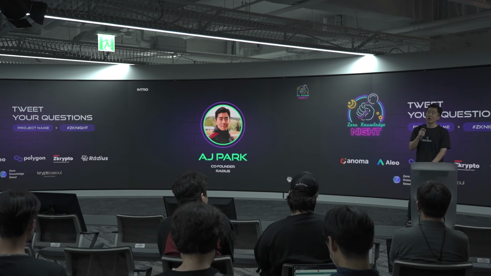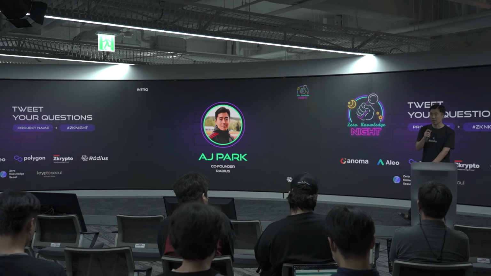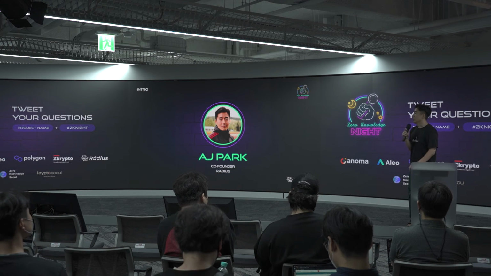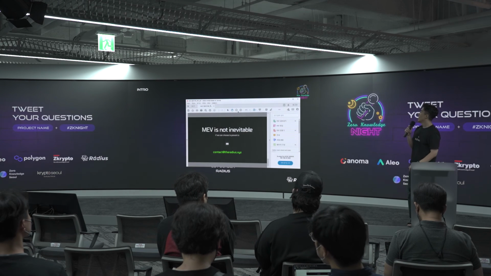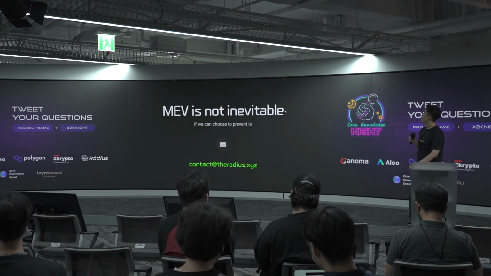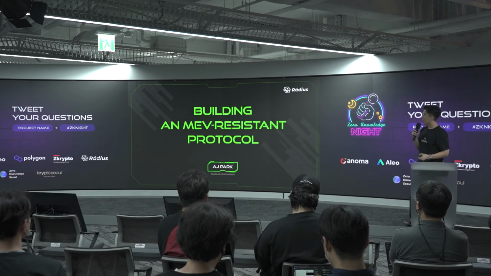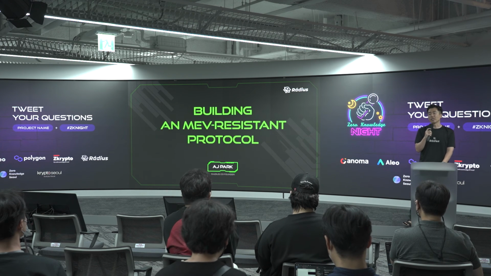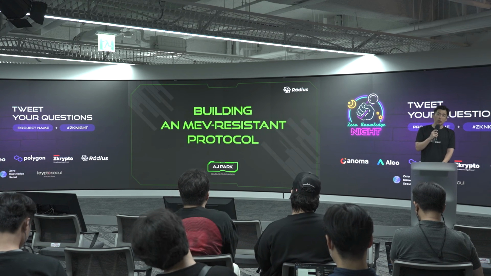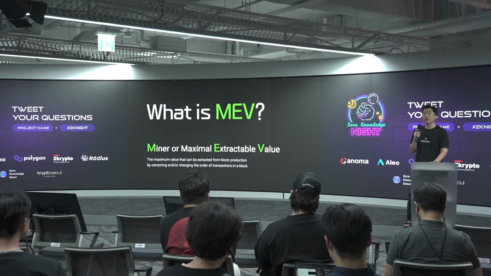And then I also founded a project called Radius to minimize MEV. So this is the slide about my project. Okay, Radius aims to build MEV resistance protocol using ZKP and encryption.